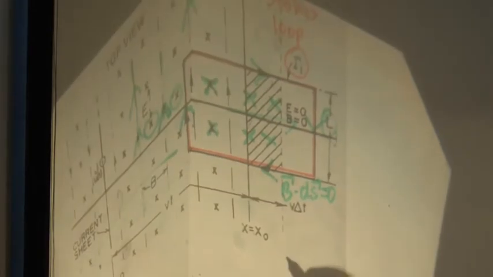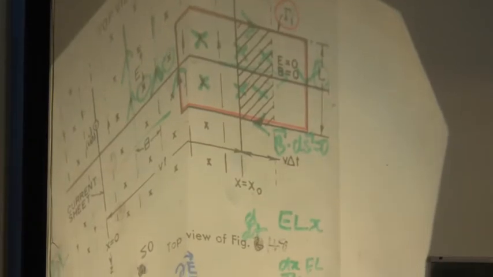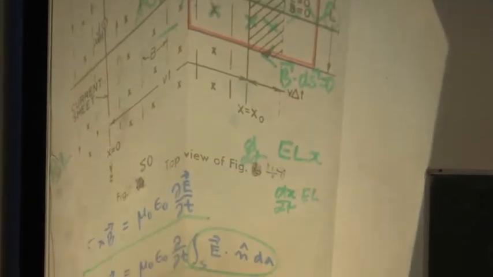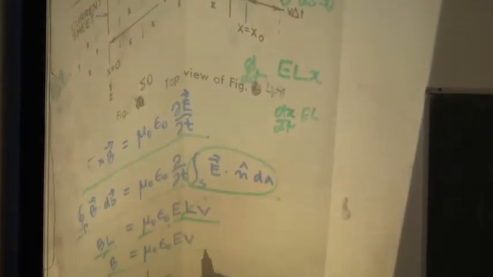So my E times L times X, d by dt, becomes dx by dt EL, which is ELV. So the right-hand side of the Ampere-Maxwell law applied to this Stokes loop gives me, again with the L's cancelling, that B is equal to mu naught epsilon naught EV.